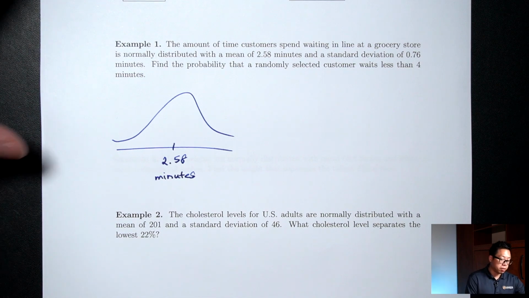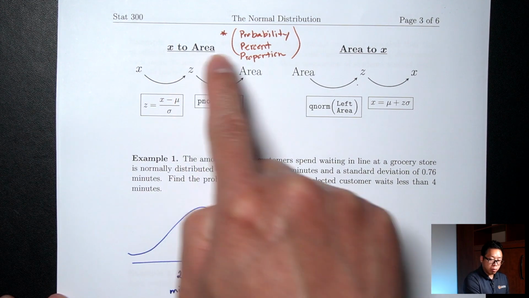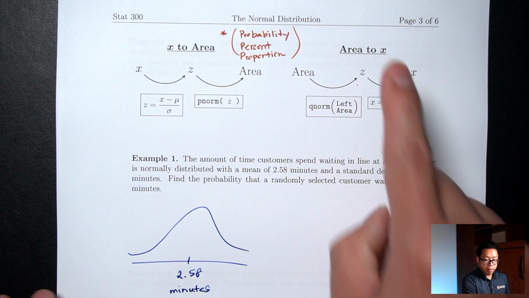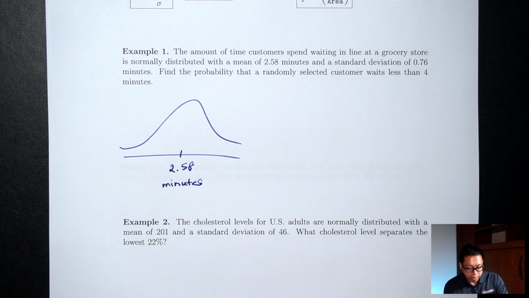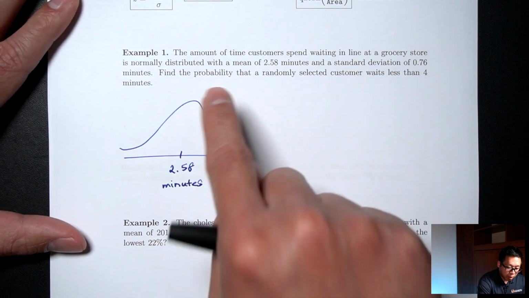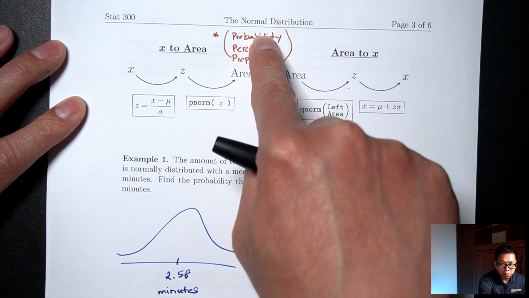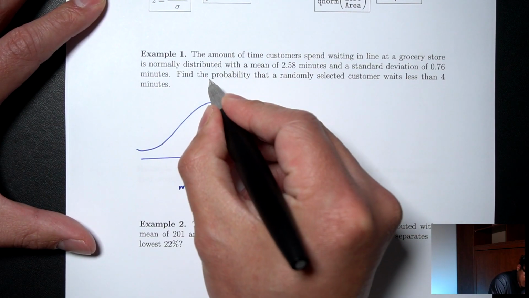The second thing I need to decide is: is this an x to area question or an area to x question? The easiest way to decide is to read that very last sentence. It says, find the probability. I said anytime you see one of those P words, you should think area. So that probability is saying area.